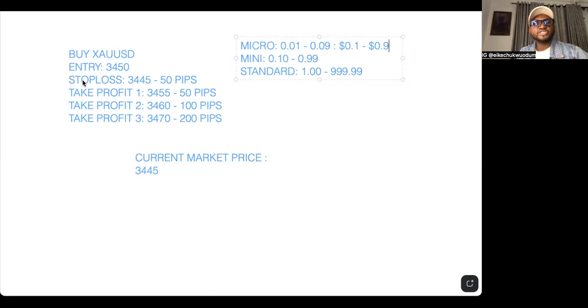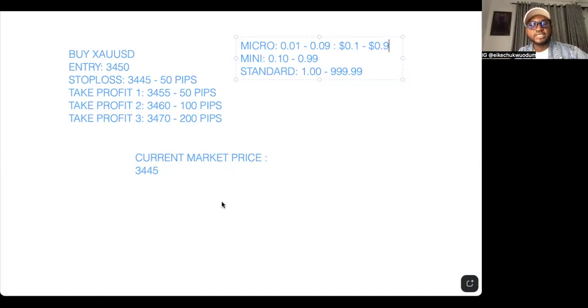So in a trade where the TP is 50 pips and you took 0.01 and you're making $0.1 per pip movement, when this trade hits TP1, how much would you have made? I hope this did not confuse you, but let me know.